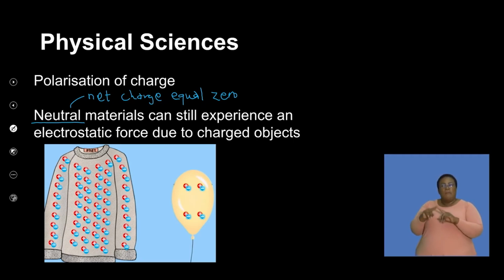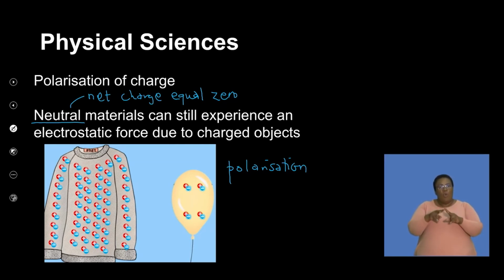However, if we bring this neutral balloon towards this neutral jersey, because of the charges, there will be forces that act on these two materials. Why? Because we've spoken about polarization, and polarization has to do with forces between like or opposite charges.